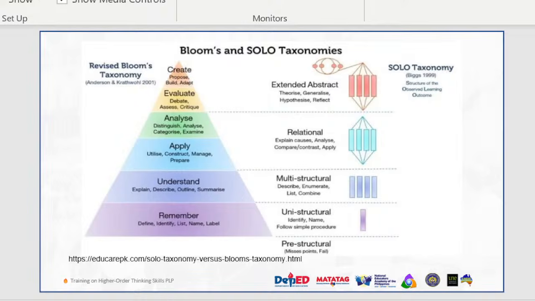The multi-structural is the same level with understand. The relational is in the same level with analyze and apply, which is of higher order thinking skills. And extended abstract is the same level with create and evaluate. That's the relationship between the Bloom's and the SOLO taxonomy.